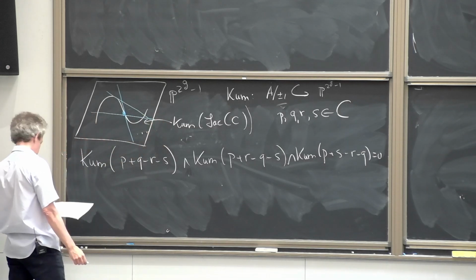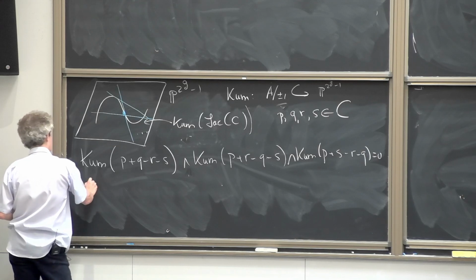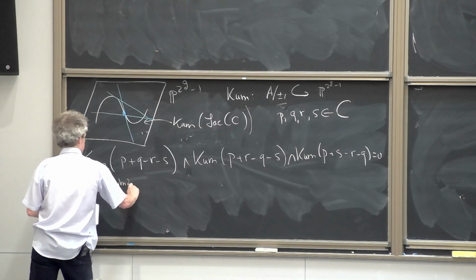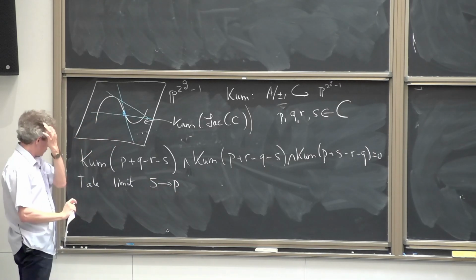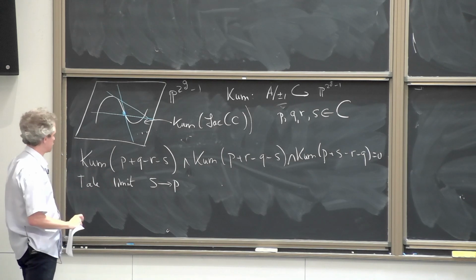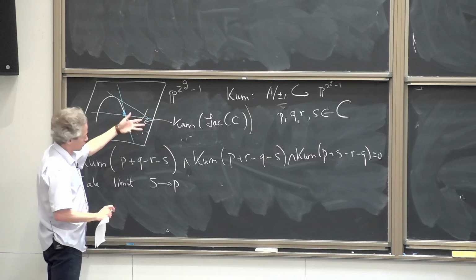So I'm going to take a limit, and now I'll look at my notes because otherwise I will not compute correctly. So I'll take a limit as S goes to P. Okay? So these are 4 points on the curve. I can choose arbitrary points. I'll just move them. Notice that these points are the sums and differences.